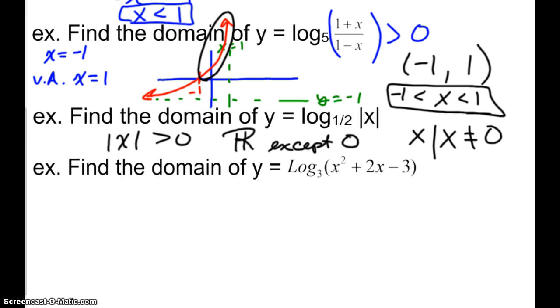The last example we're going to look at is log base 3 of x squared plus 2x minus 3. So we have a polynomial for the argument part of the log.